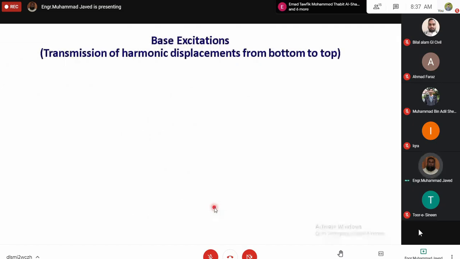Okay, coming to another topic, base excitation. By base excitation we mean a system which is excited by some force at the base. Typical examples of base excitation are earthquake, which excites the base of a structure, the foundation of the structure.